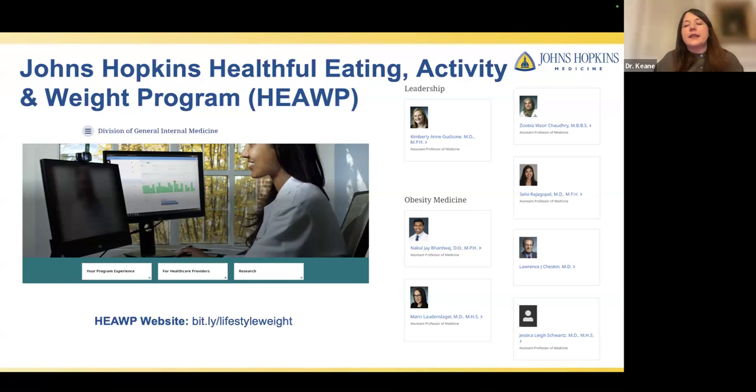Now, within this clinic, there are a number of providers that you can meet, that you can see on the right, and they are internal medicine specialists and obesity medicine specialists, all board certified in both. And what they offer is access to the latest FDA-approved medicines for weight loss. They have access to all the specialties that can manage any comorbidities you might have that are related to your weight. You know, they're excellent partners to give us really comprehensive care.